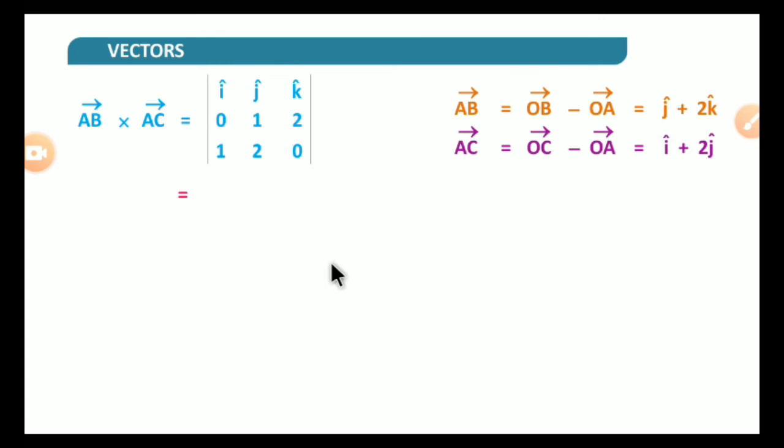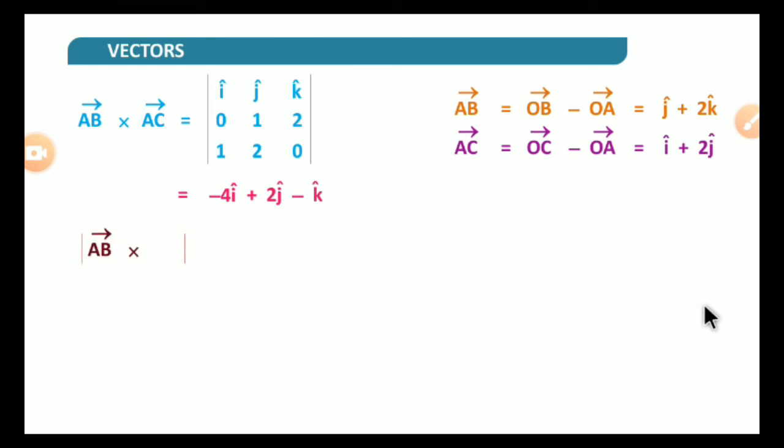After simplification, this becomes minus 4i, because 1 into 0 is 0, minus 4 gives minus 4i, minus j into the bracket of 0 minus 2, so minus of minus 2j is plus 2j, and later plus k into the bracket of 0 minus 1, which is minus k. This is the value of AB cross AC.